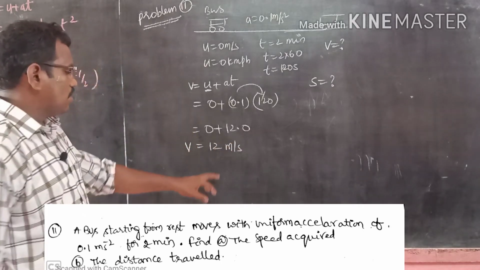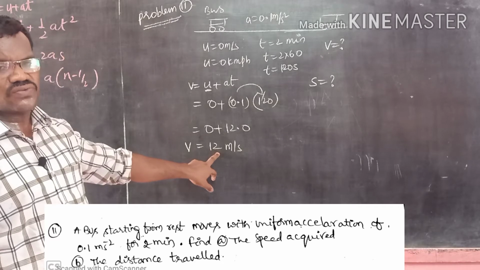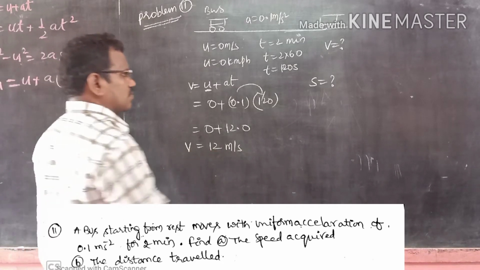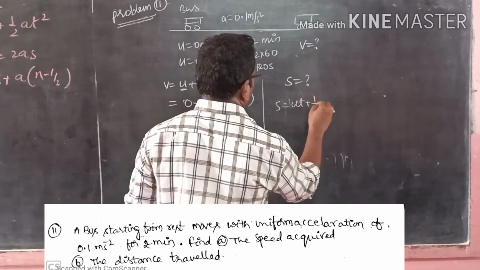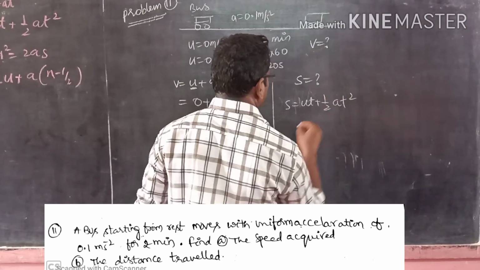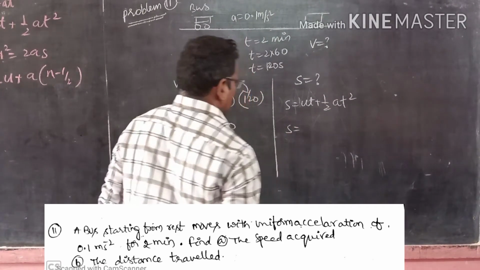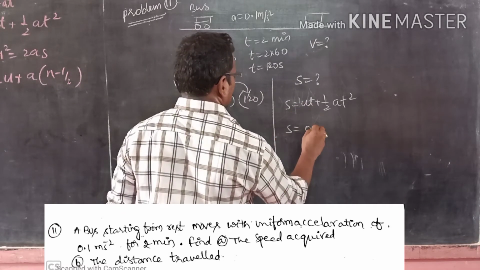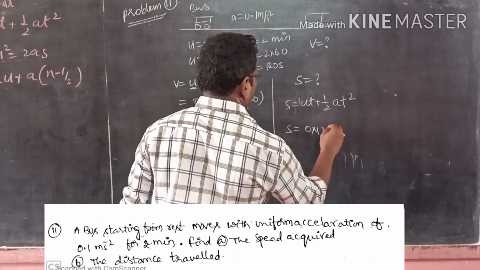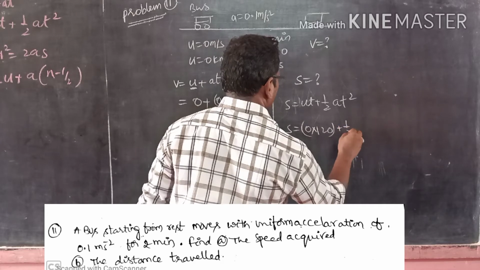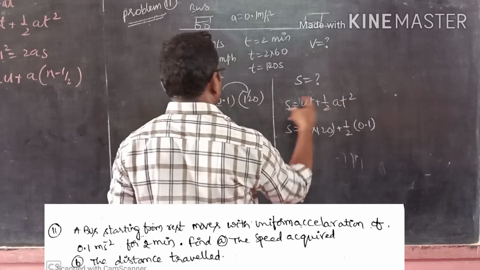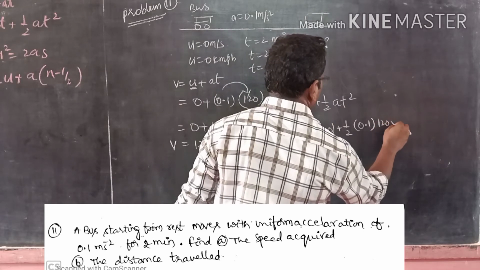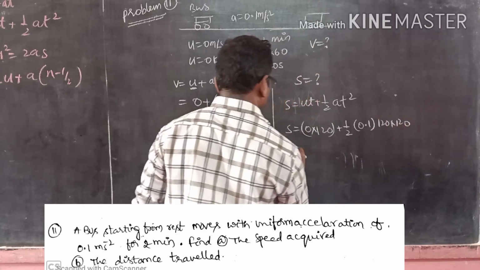This means the body is traveling with a final velocity of 12 meter per second. Then what should we find out? s. s is equal to ut plus half at square simply. Here u is 0, time interval is 120, plus half, a value is 0.1, t is nothing but 120 into 120.